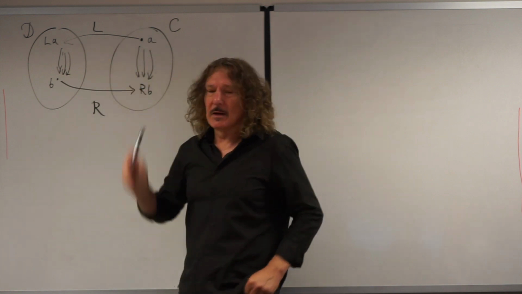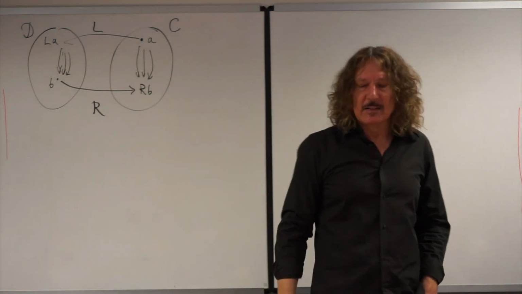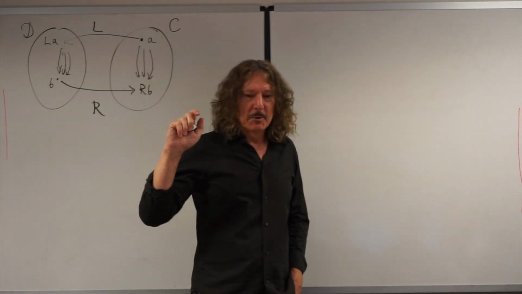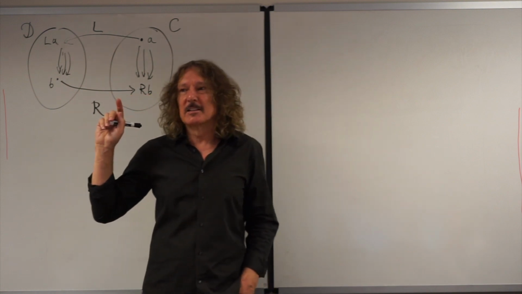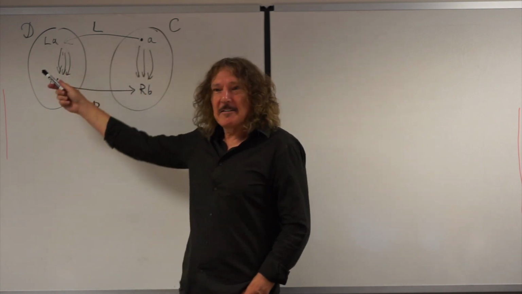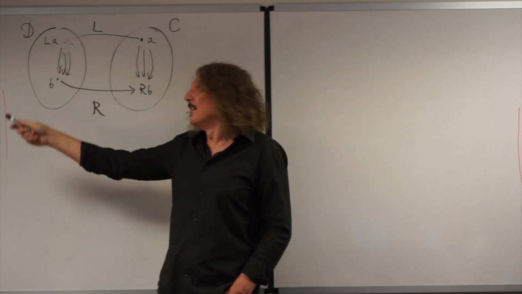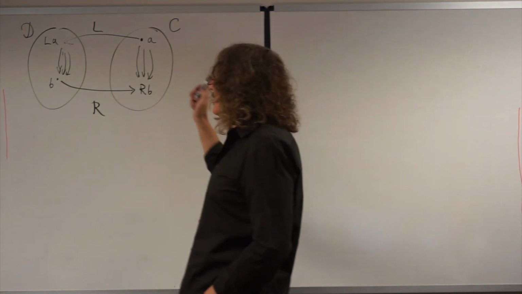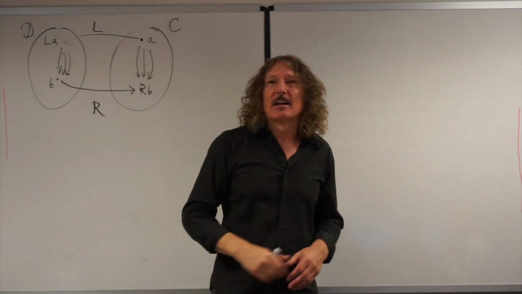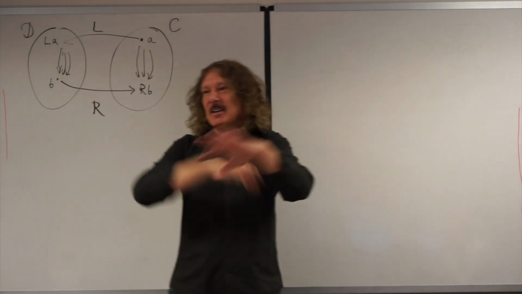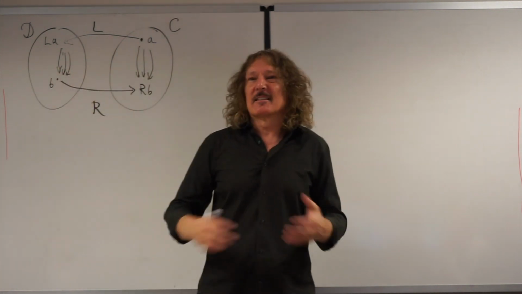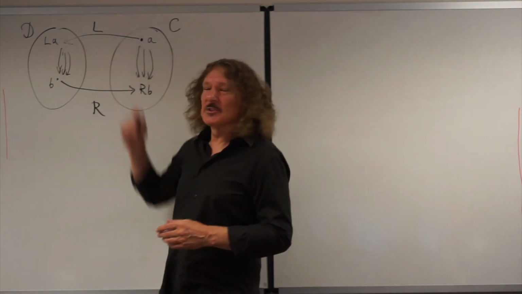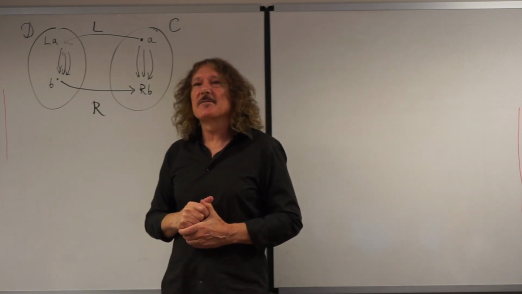Now, the way to remember which one is left and which one is right, and this is a general thing that we'll also see in Kan extensions, okay? Think of left as liberal and right as conservative. That's the trick. So liberal is something that will freely create things, right? A left adjoint is something that creates free objects.